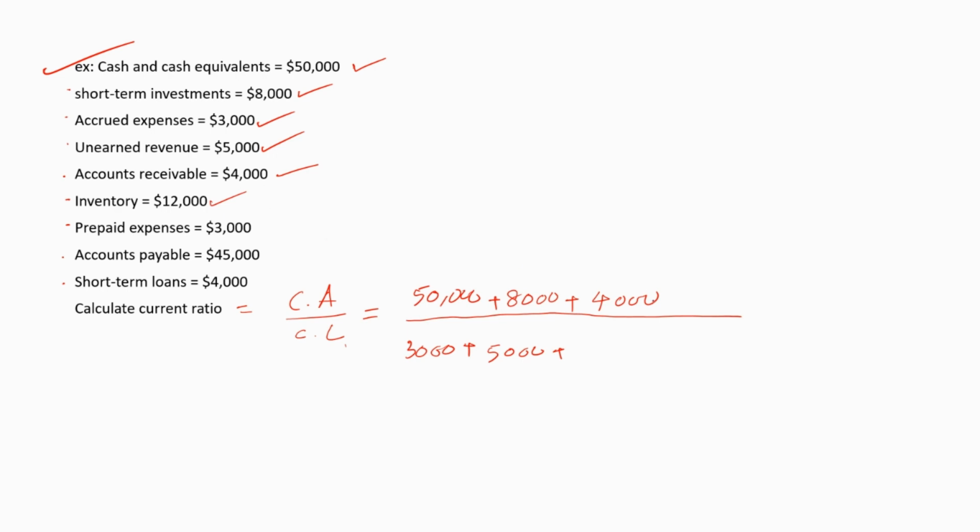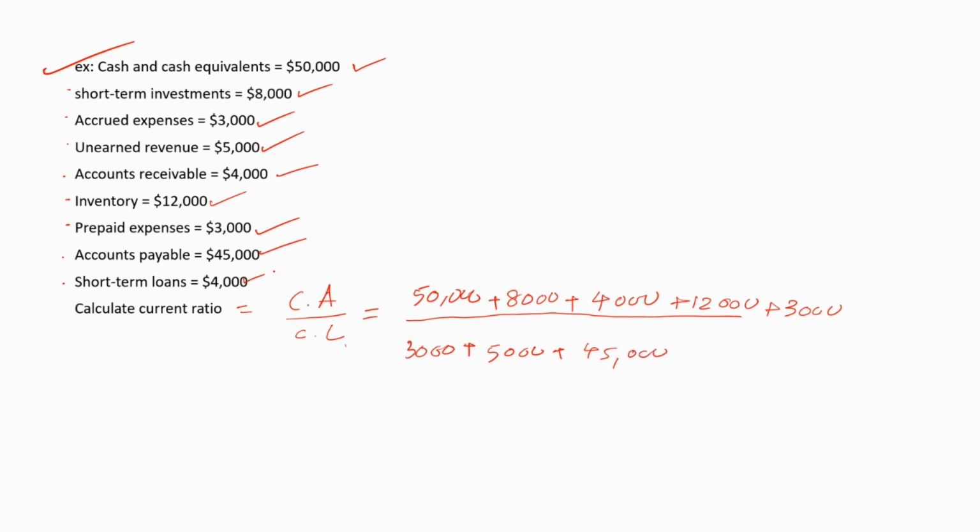Inventory. This is a current asset. Prepaid expenses. These are the expenses paid in advance. So this will also be a current asset to the company. Accounts payable. These are the expenses that the company has to pay to their suppliers. So this will be a current liability. Finally, the short-term loans.